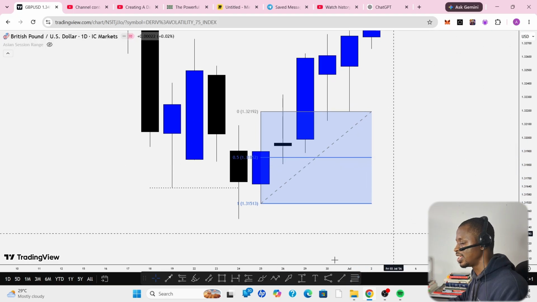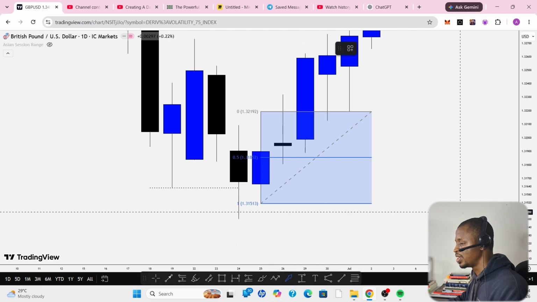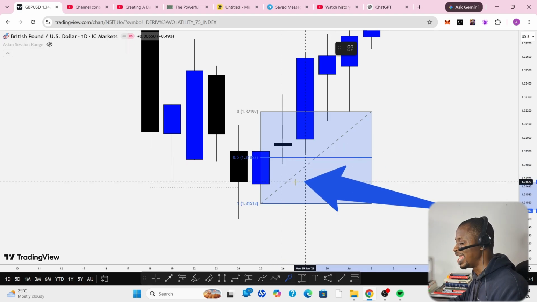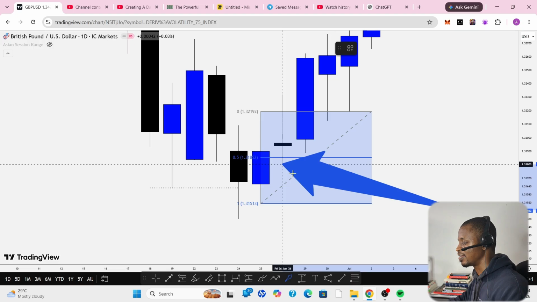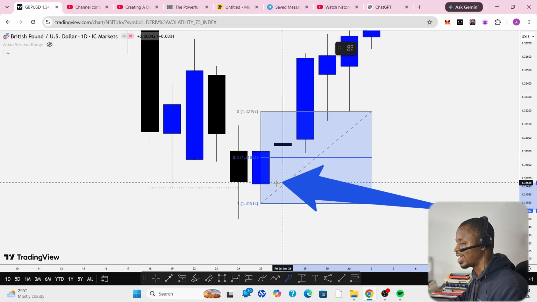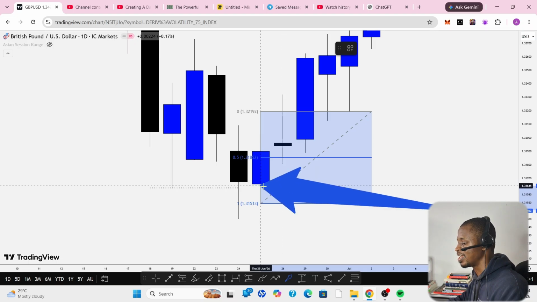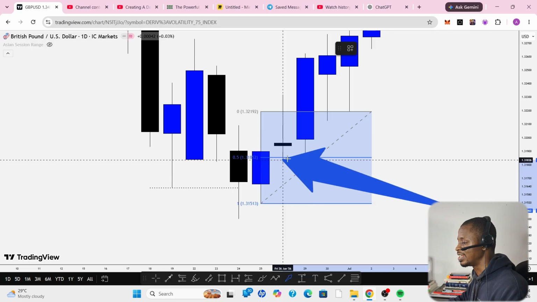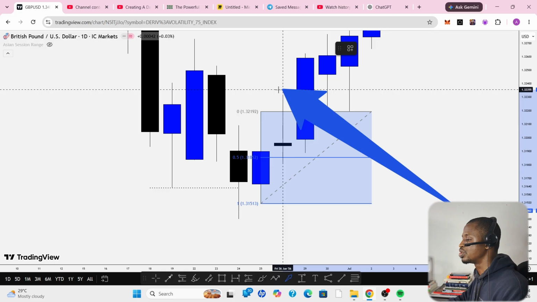You can clearly see that the next candle, which starts pushing towards the upside, doesn't start from extremely below the 50% level. It starts a little bit below, but not around the 78% or 80% level of this previous candle. It starts a little bit below the 50% level and pushes towards the upside.